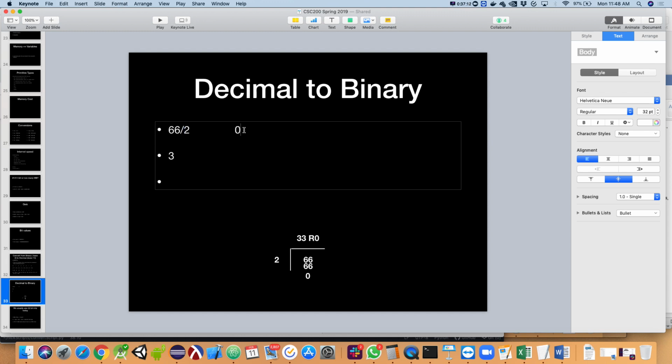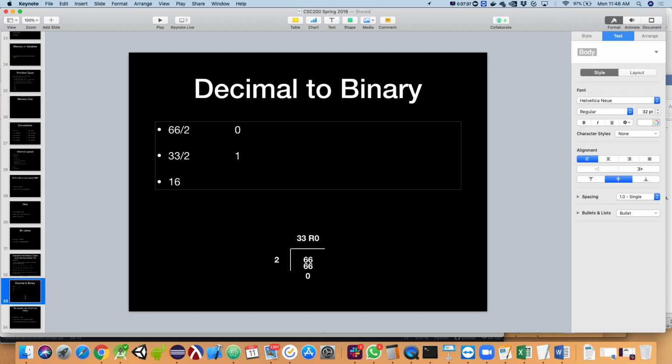Okay, so I'm going to record the remainder, then I'll record the quotient. 33 divided by 2. That is 16. 16 times 2 is 32. Remainder 1.